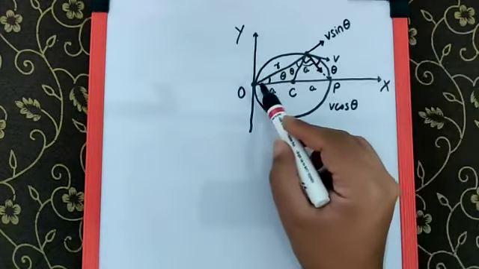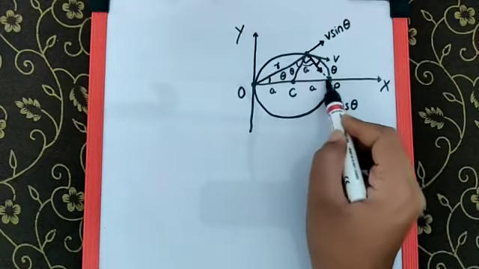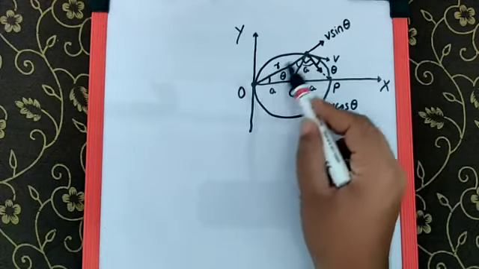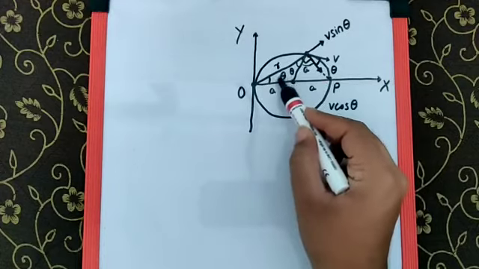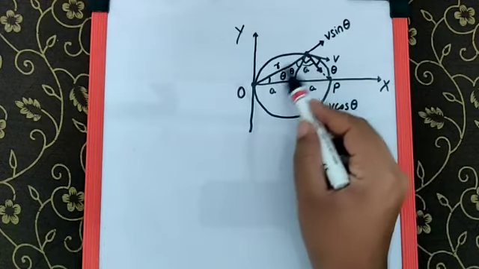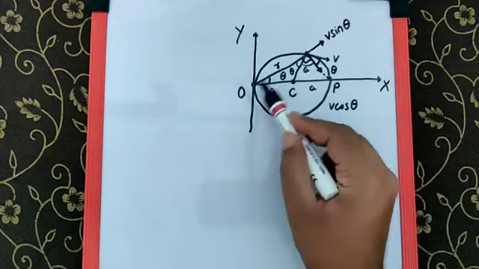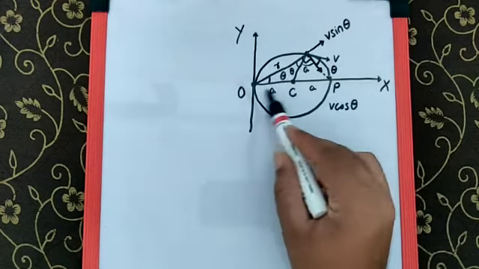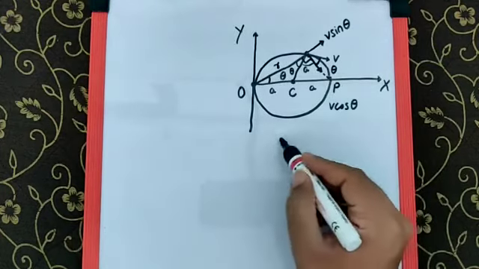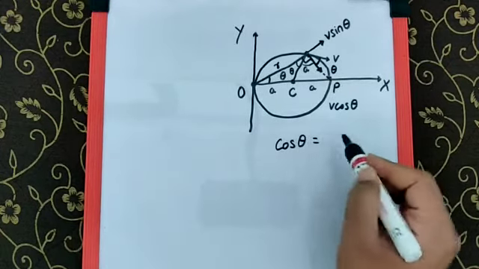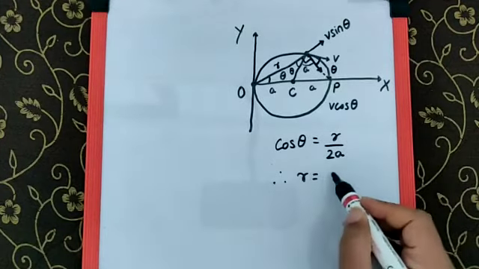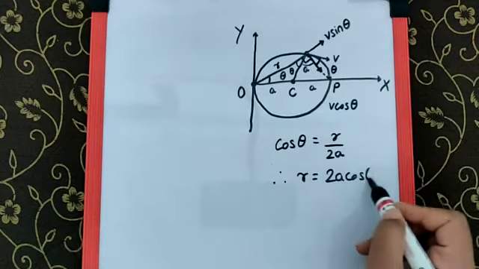Now if you concentrate on this bigger right angle triangle, r is the side adjacent to theta, and the hypotenuse is 2a, which means cos theta is r by 2a. That makes r equal to 2a cos theta.